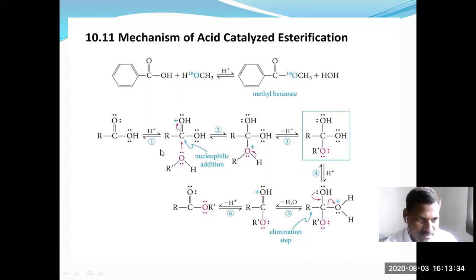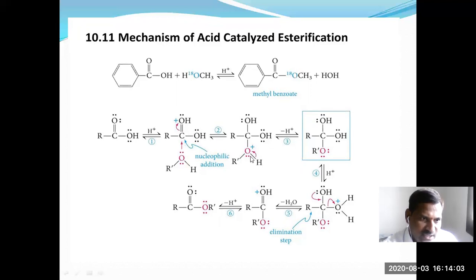The reaction mechanism is, in the first step, protonation takes place. After protonation, the alcohol acts as a nucleophile and adds to the carbonyl group.